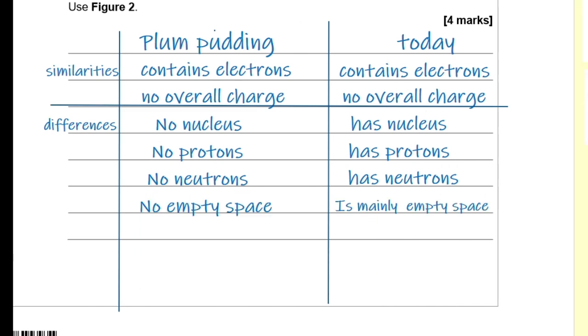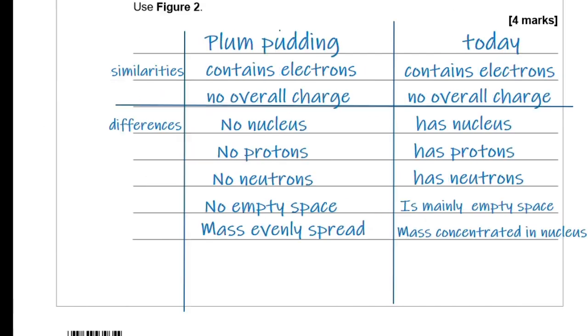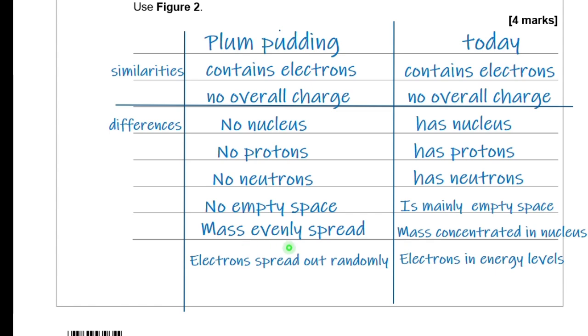The plum pudding model has no empty space, and the model of today is mainly empty space. And finally, mass is evenly spread out in the plum pudding model, and in the model of today, the mass is concentrated in the nucleus. And for the final one, in the plum pudding model, the electrons are spread around the model randomly, and in the model of today, the electrons exist in energy levels or shells.